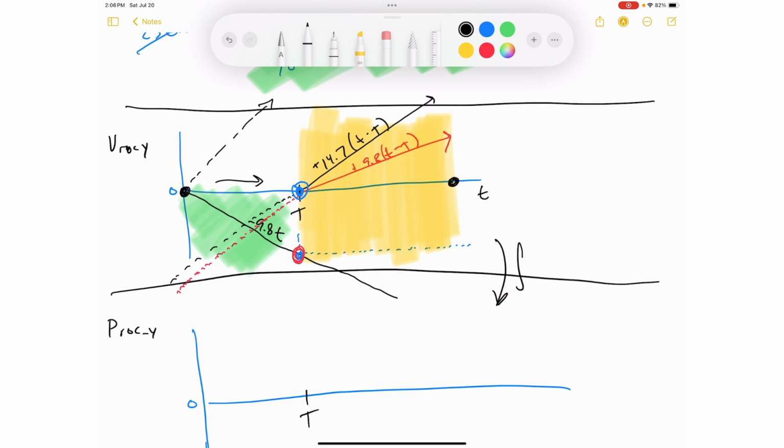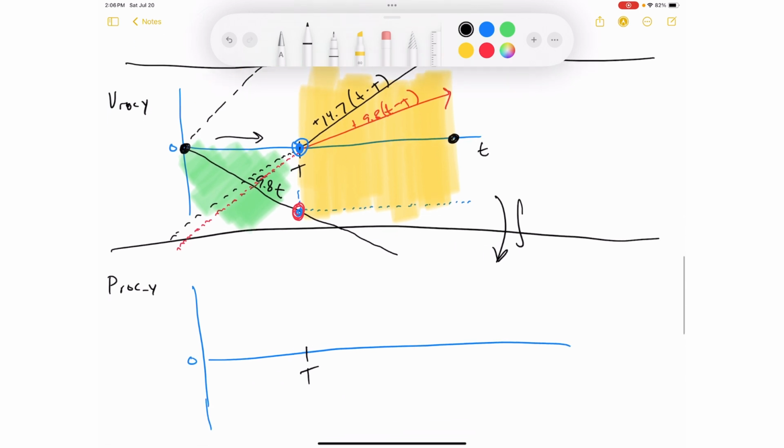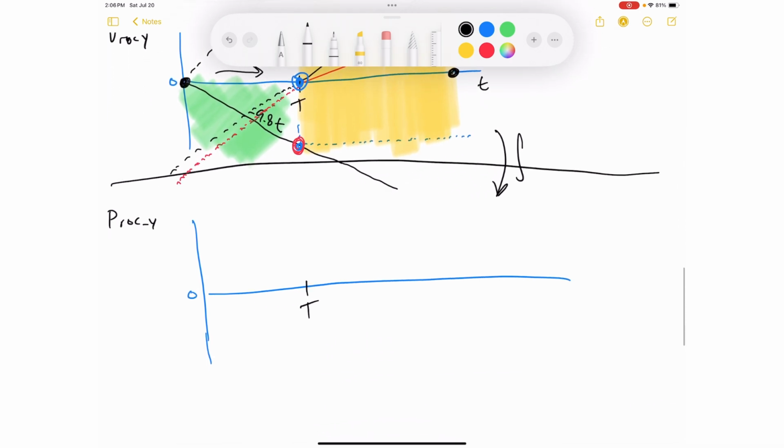So let's do this one. Let's do the negative 9.8t. So first of all, the position in y. Where is the rocket's position in y initially? Well, it's 0, right? Because it's attached to the airplane. And then once it drops, obviously it's going to go down like that.